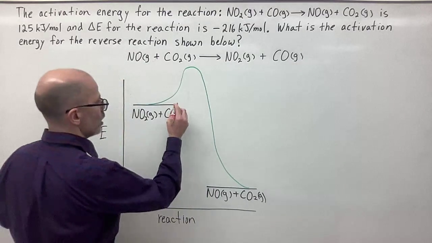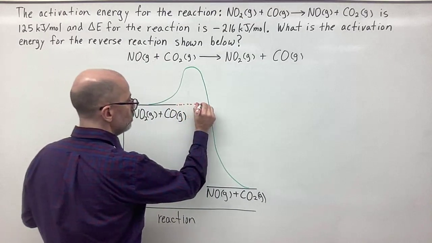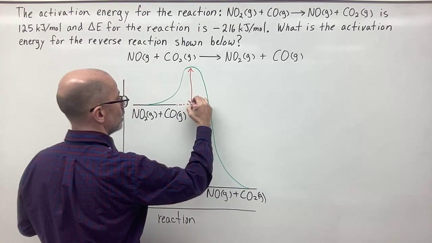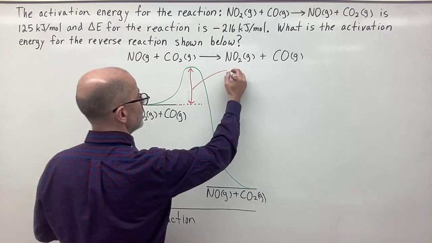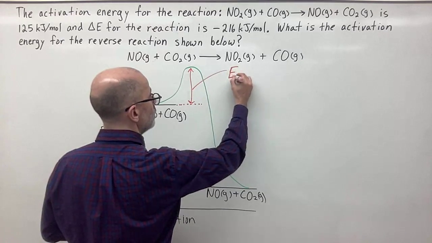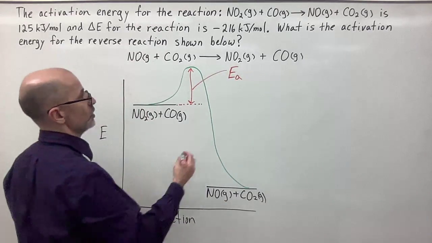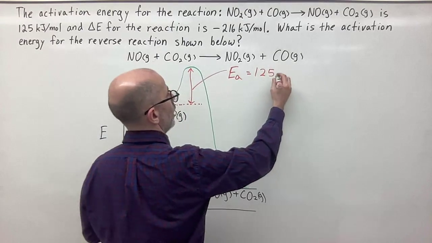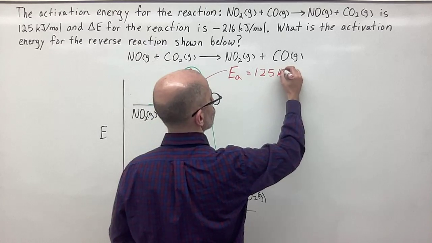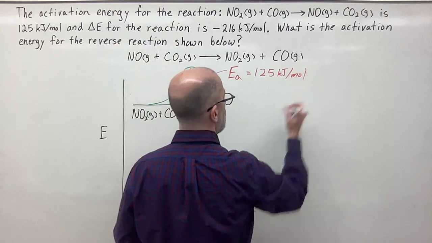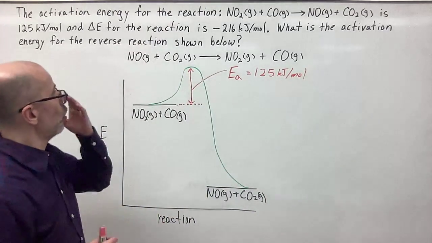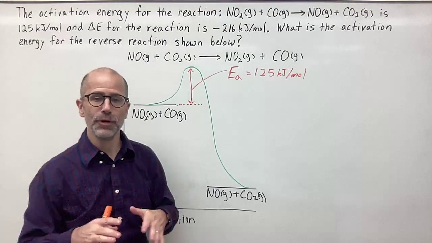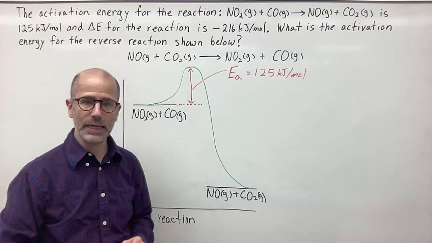So from here to here, that's the activation energy. And we're told that that's equal to 125 kilojoules per mole. And so what about this delta E? Well, the delta E is the difference in energy between products and reactants.